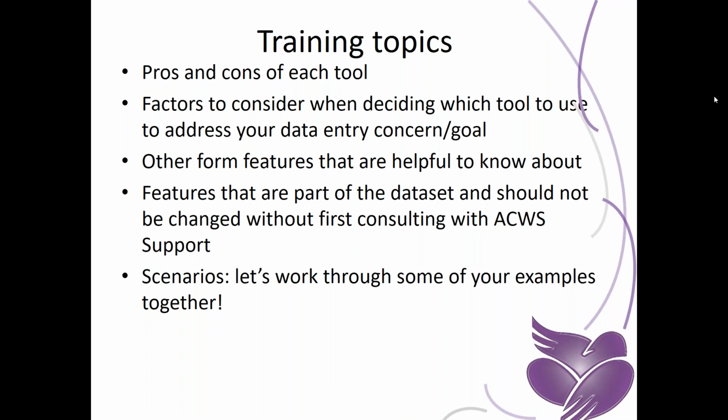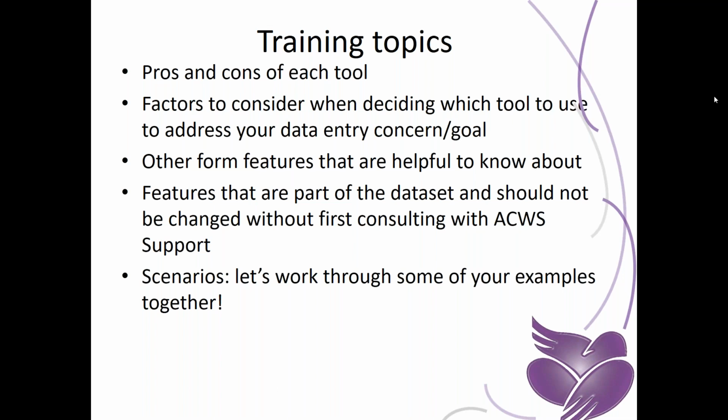ACWS facilitates shared measurement practices with shelters across Alberta. That means that we've got a few questions in the system that everyone has agreed to collect in a standard way to help us talk about the work that we do at the provincial scale.